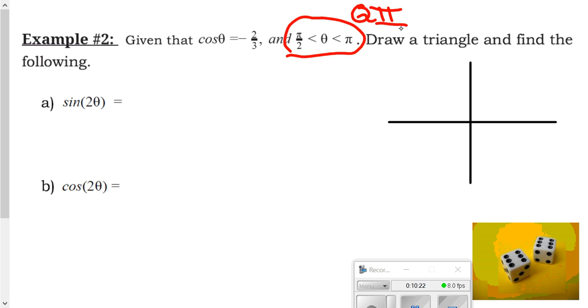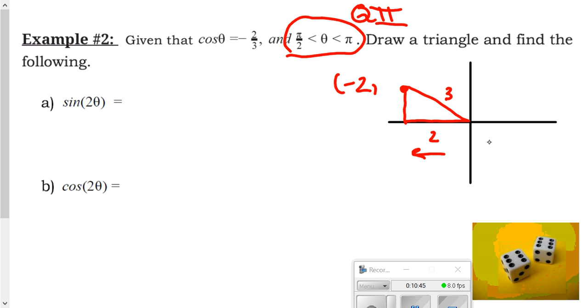So I'm supposed to draw a triangle to figure this out, so I think I'll do that. So I have an adjacent side, or an x, that's 2, and a hypotenuse of 3, and those are negative because if I think of this as an ordered pair, it would be negative 2 from going to the left, and I have to figure out what number goes there.